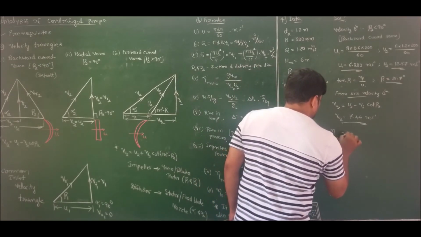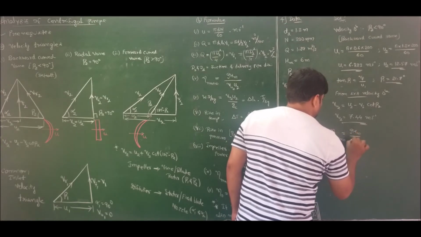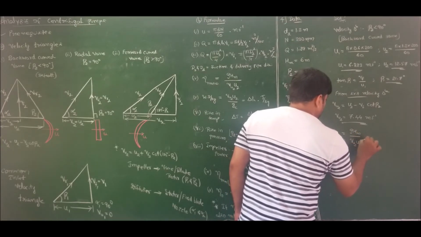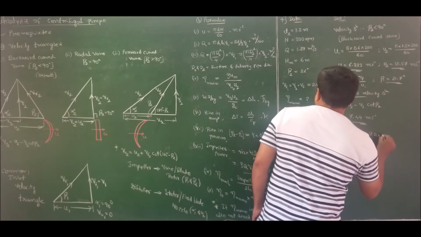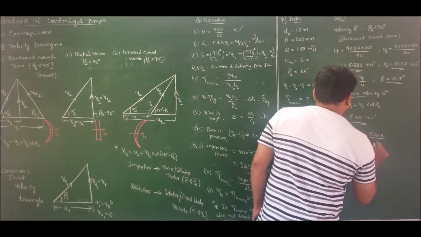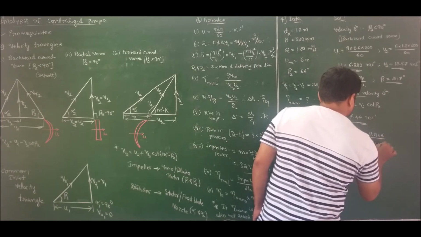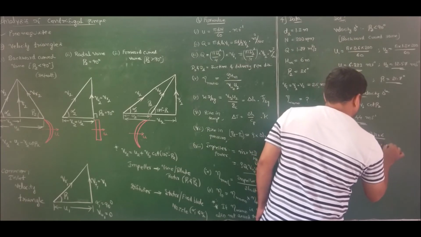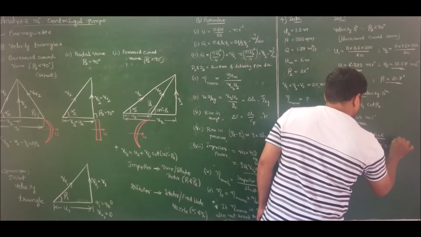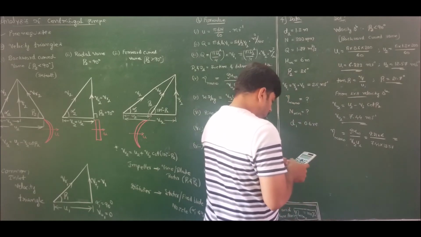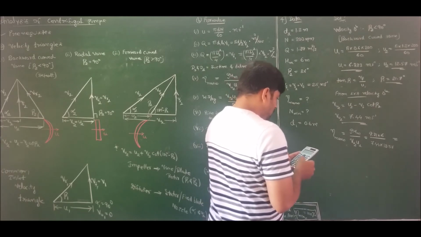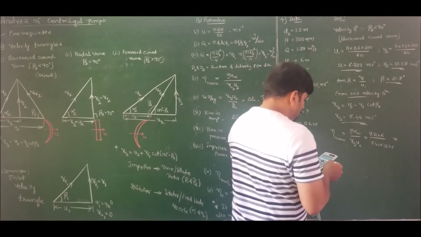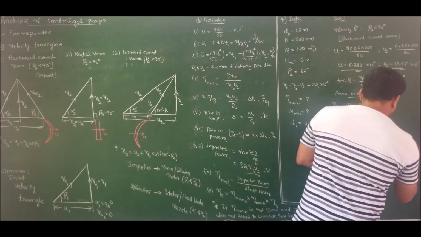Eta mano is equal to g Hm by Vu2 U2, that is 9.81 into Hm (6 meters) divided by Vu2 (7.44) into U2 (12.57), which is 0.629, that is 62.9%.